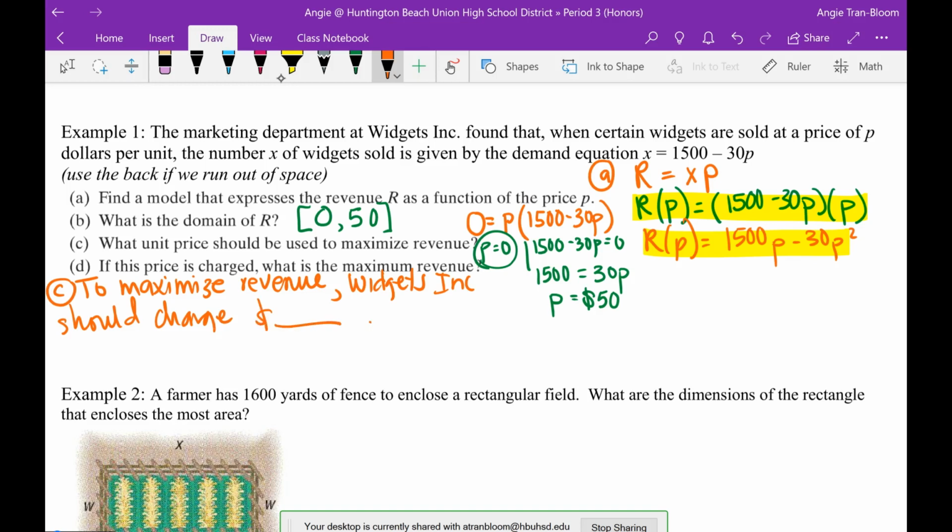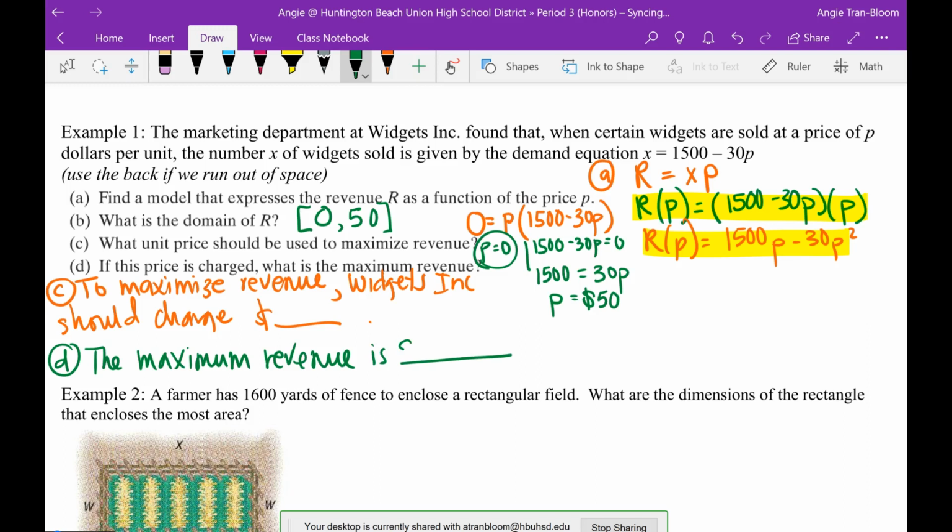Okay, that's C. D is related to C. So D, if this price is charged, what is the maximum revenue? The maximum revenue is... All right, you punch it in, you calculate it. If there are pennies, round to the nearest penny, okay? Because we're dealing with dollars.